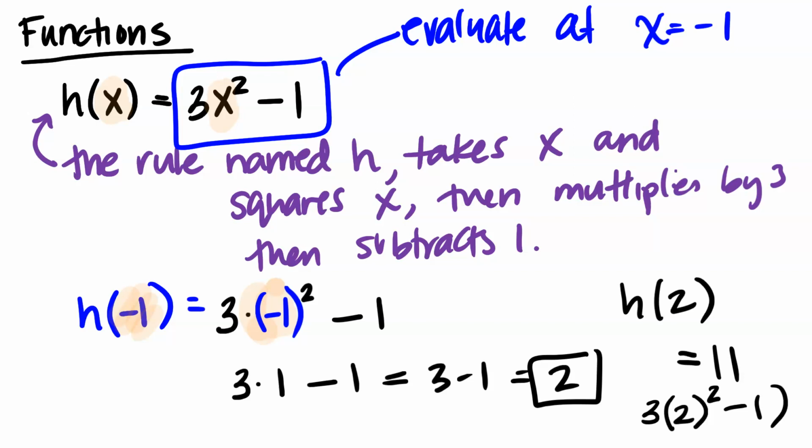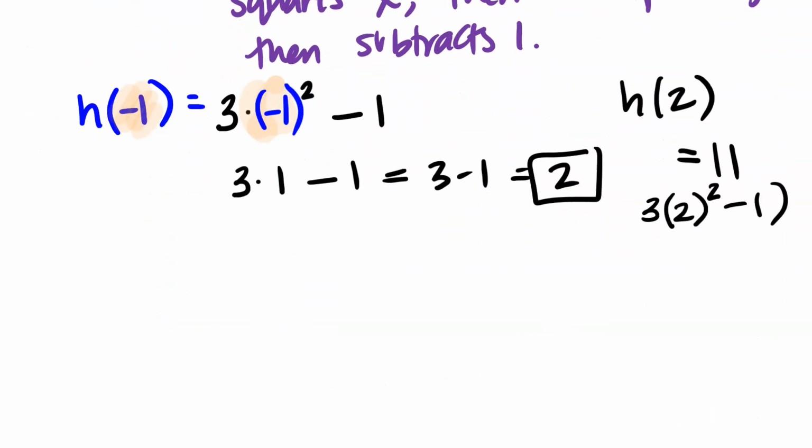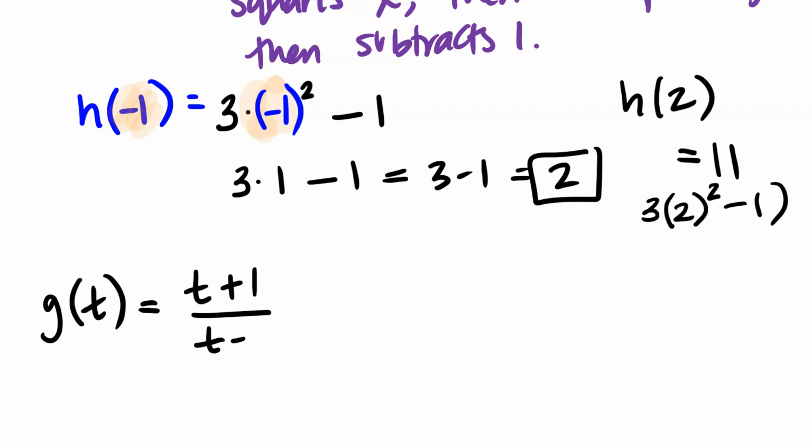Sometimes students will get caught up if I have multiple x's in a function. So let's use a new name. Let's say g of t. If I have something like t plus 1 over t minus 2, students will only plug in t once, when really in this case we need to be plugging in t two different times. In fact, we could make ourselves a general format for anything that we ask for.